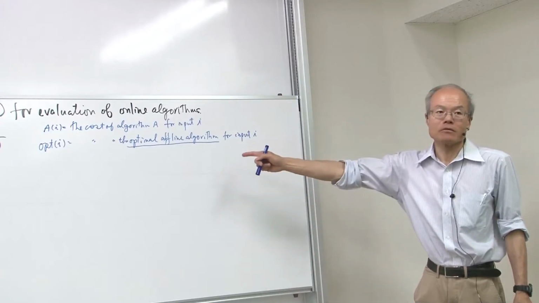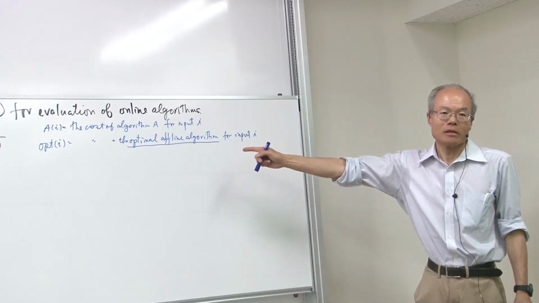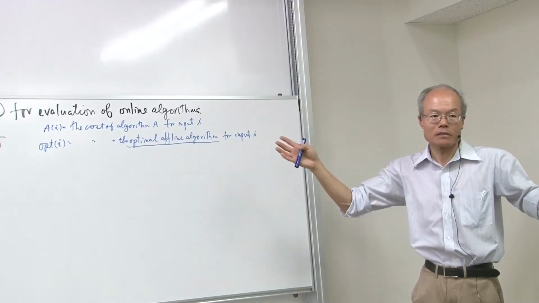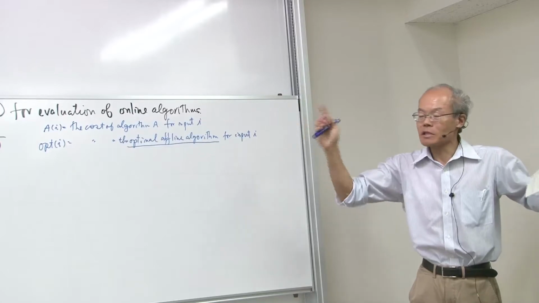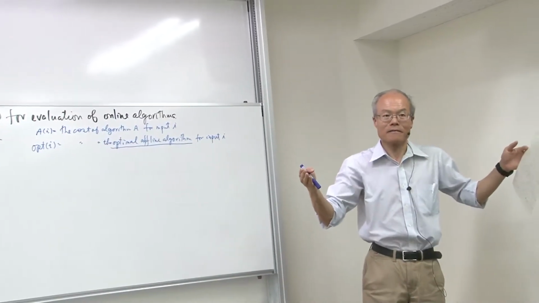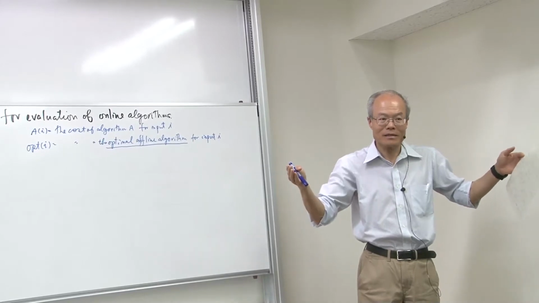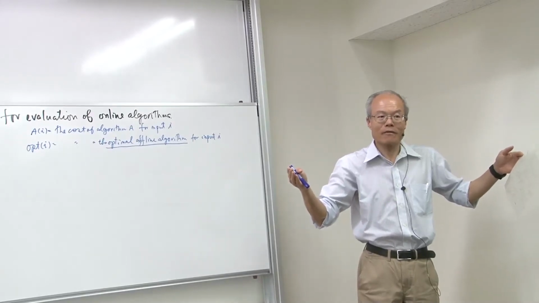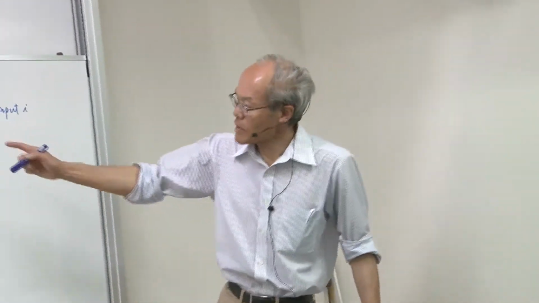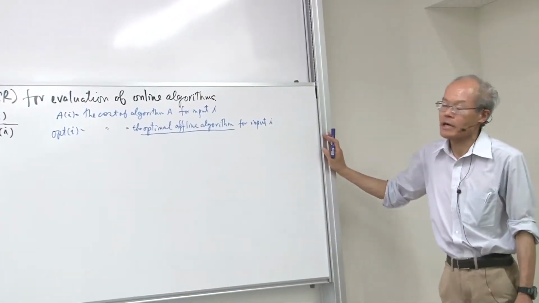So this is something like God. Suppose that you know the whole input in advance. For example, this time, you know that we're going to have 5 ones in advance. Then, of course, you can design an optimal algorithm. That is what I call the optimal offline algorithm.